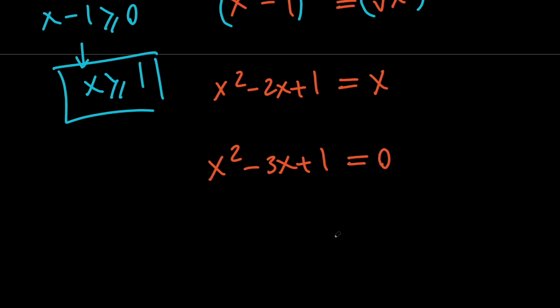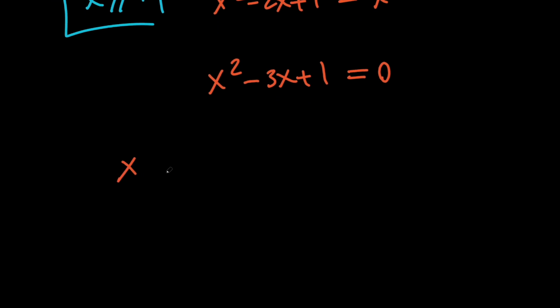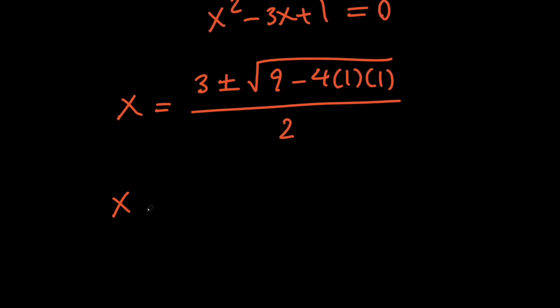Next, let's use the quadratic formula to solve for x. So we're going to have x equals 3 plus or minus the square root of 9 minus 4 times 1 times 1, all divided by 2. Which means that x equals 3 plus or minus the square root of 5, all divided by 2.